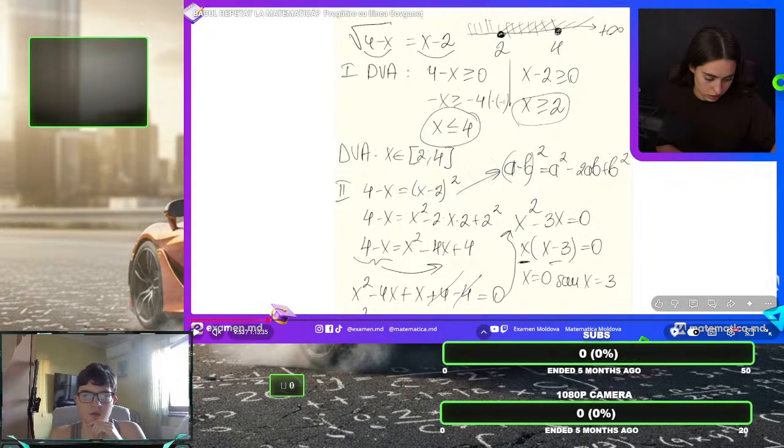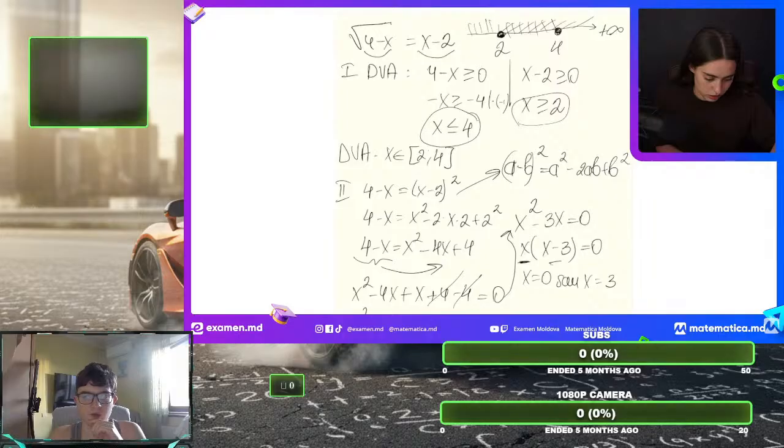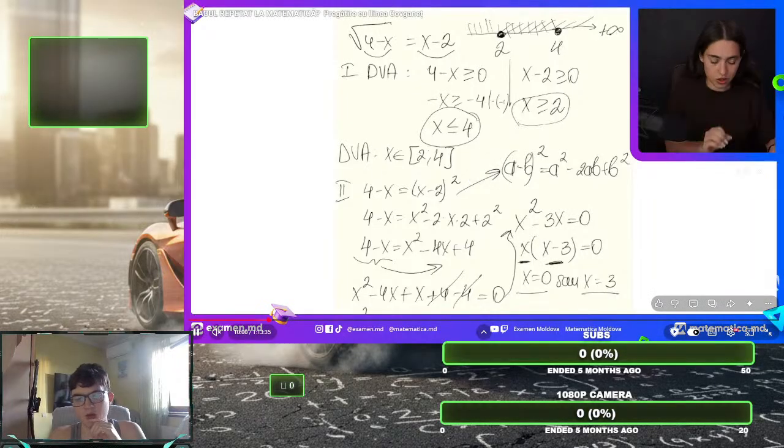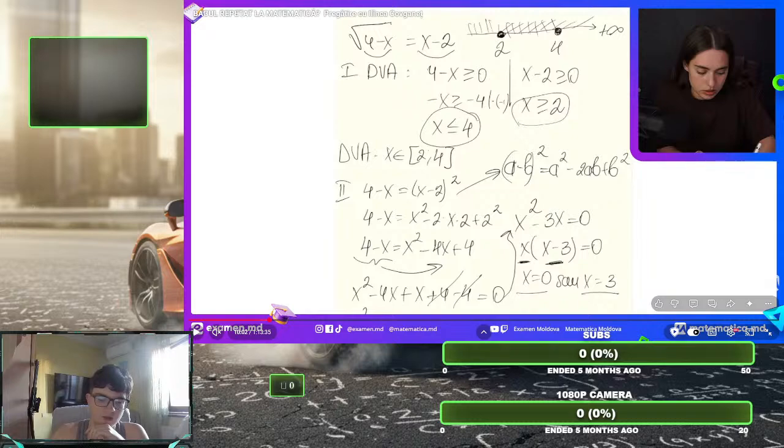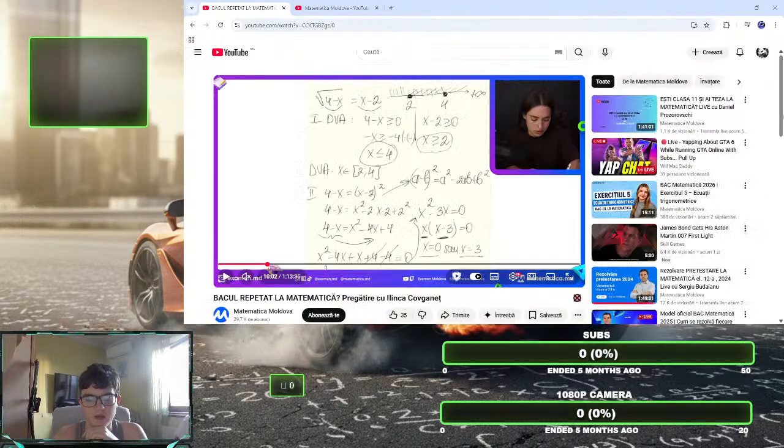And let's see which one is admissible. So it has to be between 2 and 4, inclusive, which is 3. The value that works is 3, so write down the solution with adequate parentheses, and that's it.